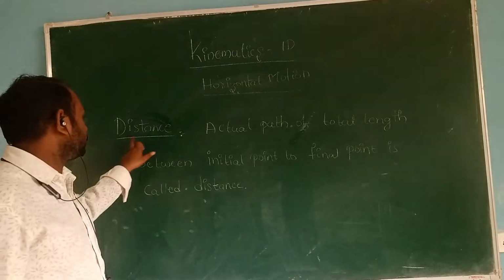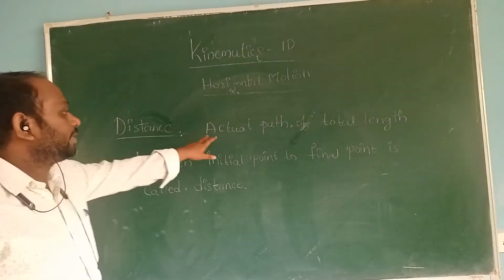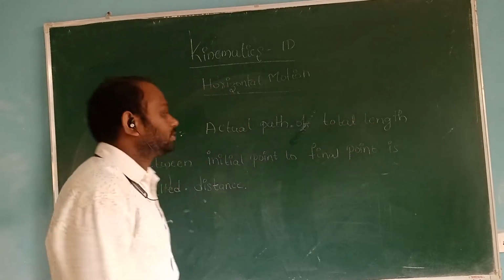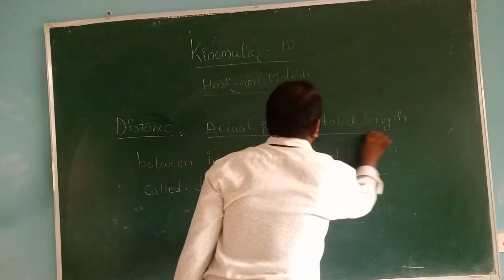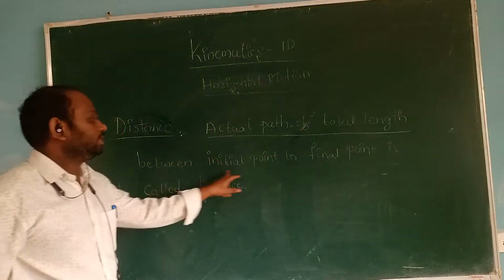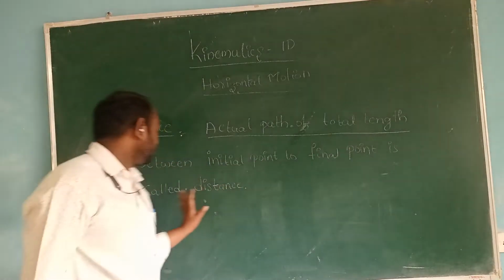See, once again I will explain the definition of distance. The actual path of total length between initial point to final point is called the distance.